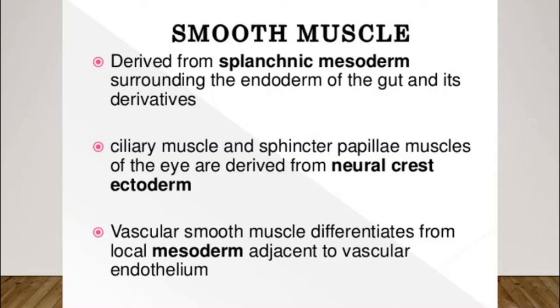Smooth muscles derive from splanchnic mesoderm surrounding the endoderm of the gut and its derivatives. The ciliary muscles and sphincter pupillae muscles of the eye are derived from neural crest ectoderm. Vascular smooth muscles differentiate from local mesoderm adjacent to vascular endothelium.